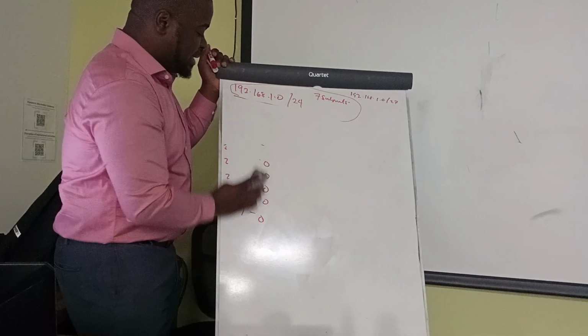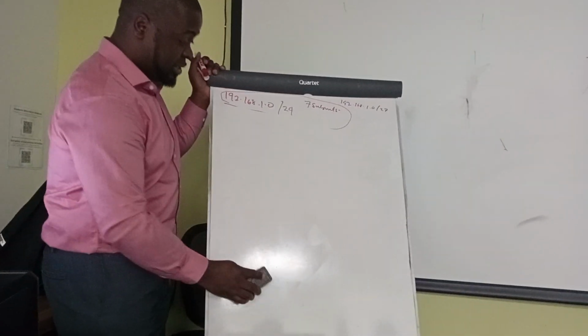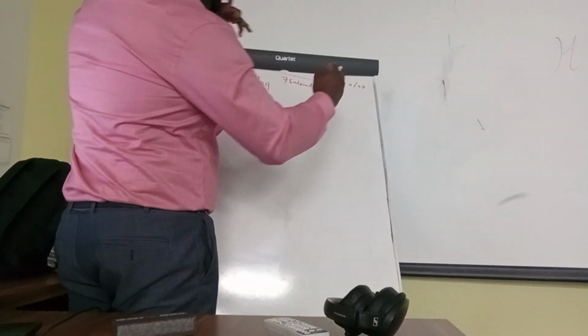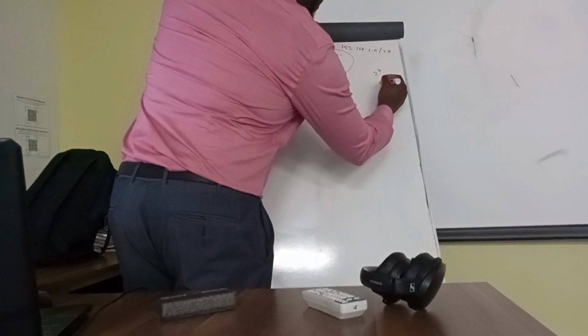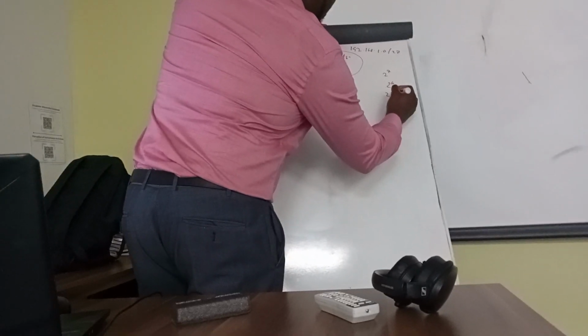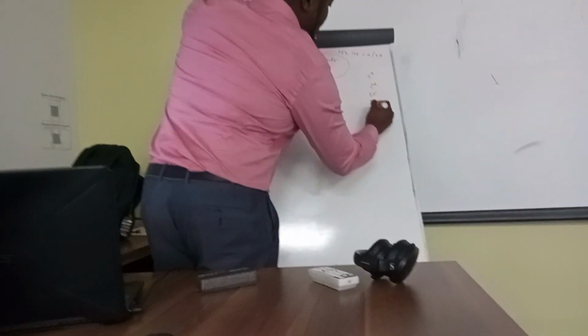Now, I'm going to write this on this side. The powers of 2's. Let's do powers of 2's here: 2 to the power of 7, 2 to the power of 6, 2 to the power of 5, 2 to the power of 4.